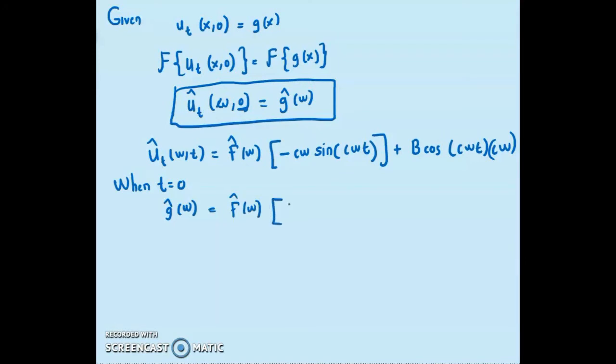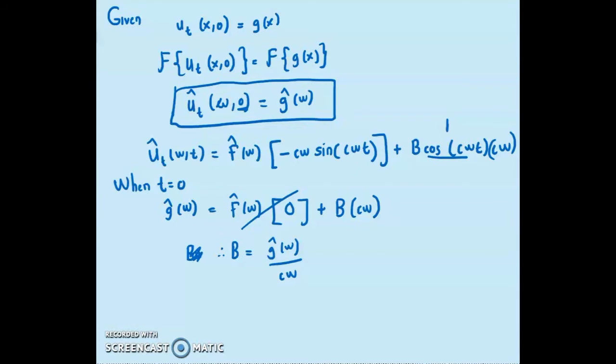Sine 0 is 0, cos 0 is 1, so I have c omega. Okay, this is 1 when t is 0. That will leave me b equals g hat omega over c omega.